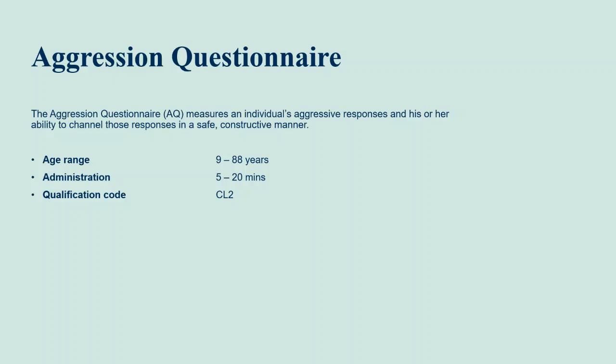The self-report consists of 34 items on which individuals rate themselves on a 5-point scale ranging from not at all like me to completely like me. These include physical aggression, hostility, verbal aggression, indirect aggression, and anger.